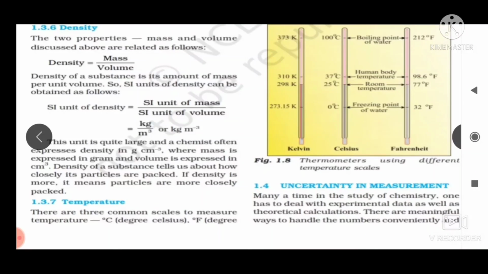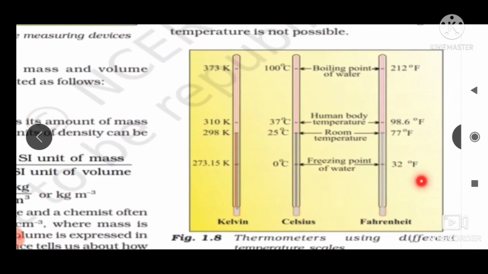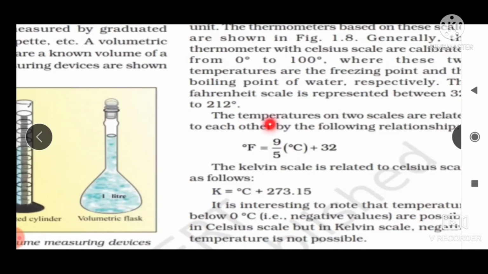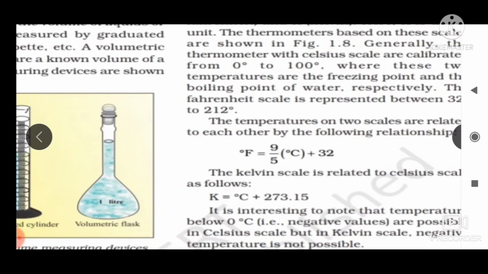Respectively, the Fahrenheit scale is represented from 32 degree Fahrenheit to 212 degree Fahrenheit. The temperatures on two scales are related to each other by the relation: degree Fahrenheit equals 9 by 5 degrees Celsius plus 32.